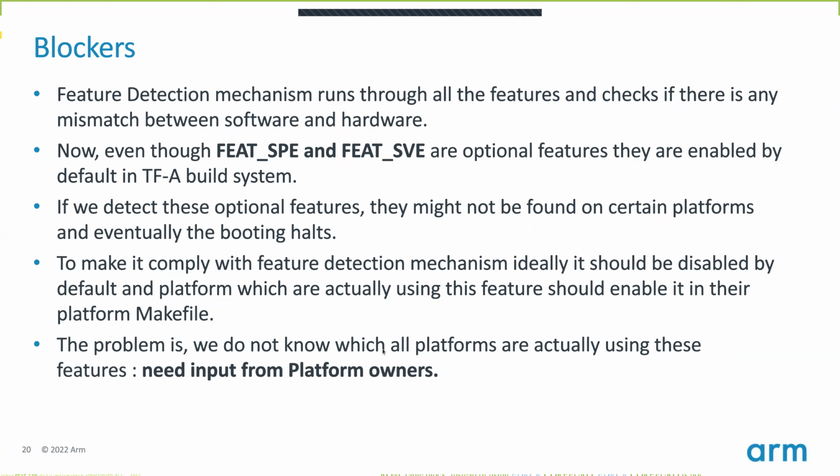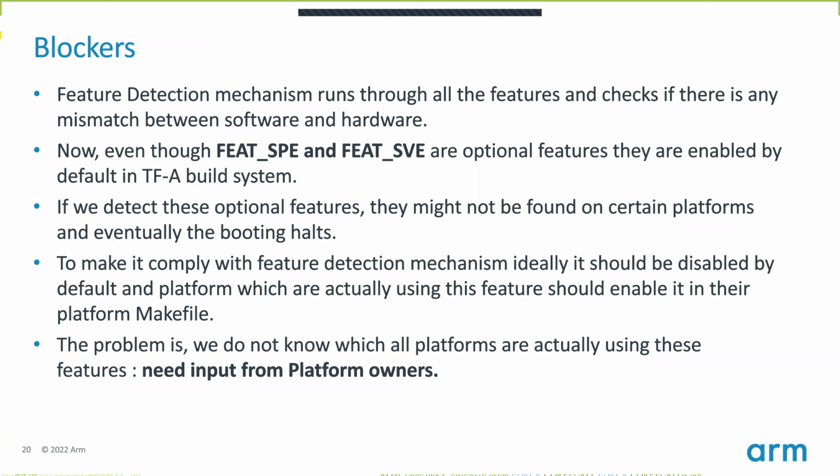So our main point here is, we will be disabling it in future. We want our partners to be aware of this so that they themselves enable it based on their requirements. So we need the input from the platform owners here.